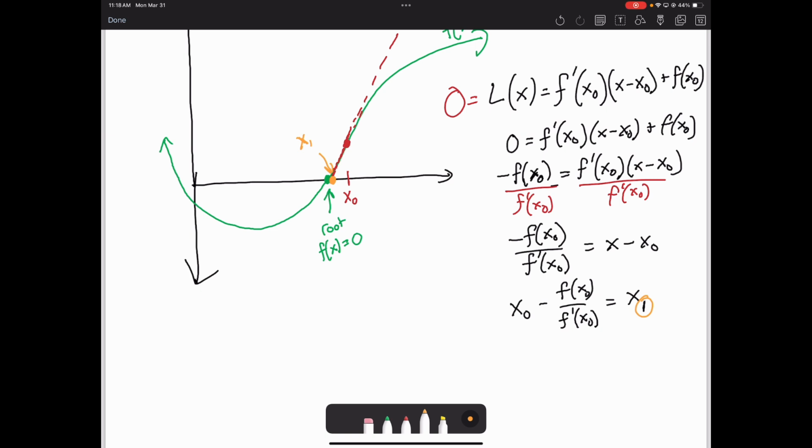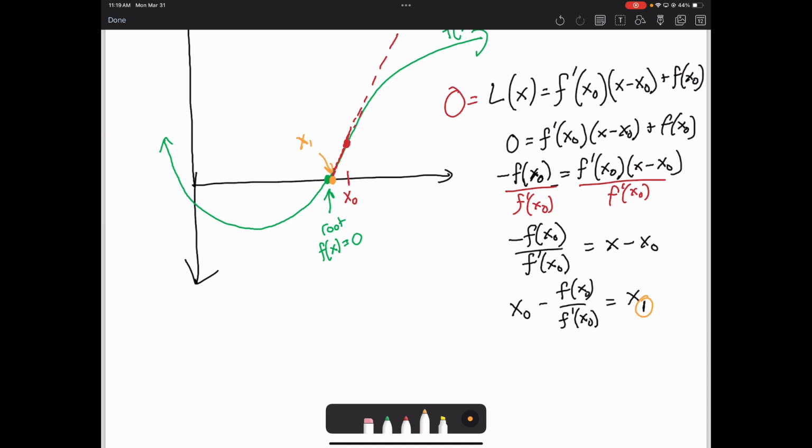Remember, we talked about this back in 4 point whatever it was when we did linear approximation. Linear approximations are only accurate if you're choosing x values that are close to the point that you're centering it at. So the closer I get my guess to the actual root, the more accurate my approximation is going to be.